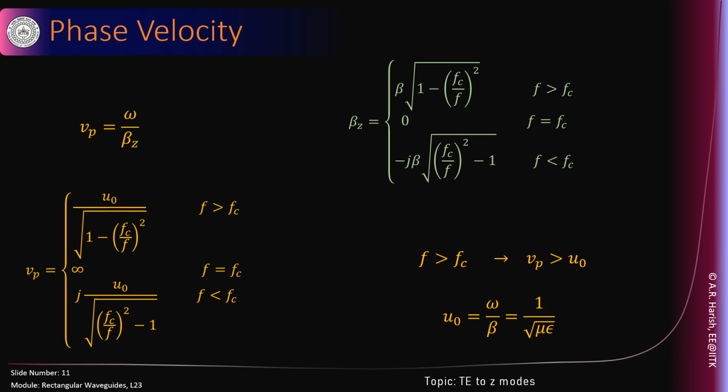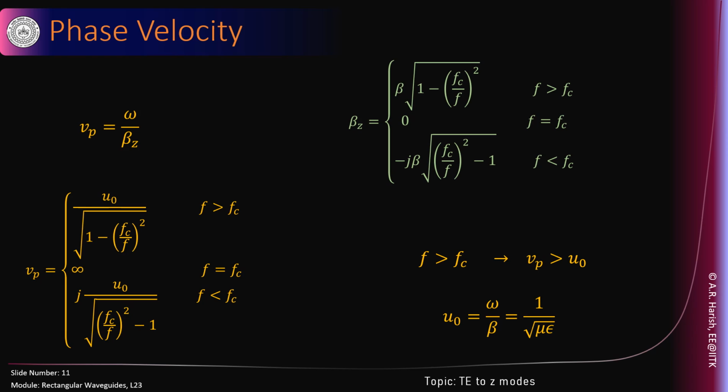Therefore, the phase velocity inside the guide will be higher than the velocity of an electromagnetic wave propagating in a homogeneous intrinsic medium. So if I were to talk about light, then we can say that this phase velocity of a wave inside a guide is greater than the velocity of that wave propagating in free space, if it's filled with epsilon naught and mu naught.